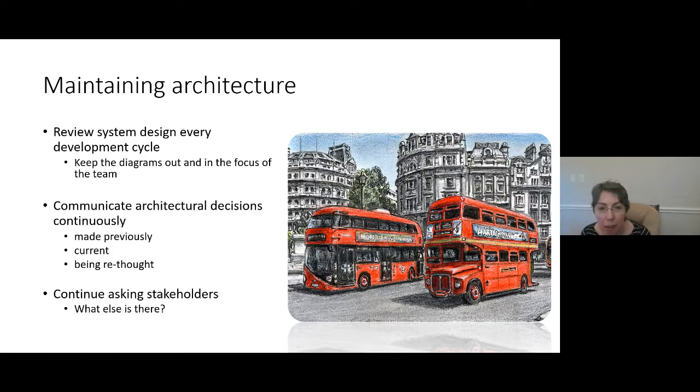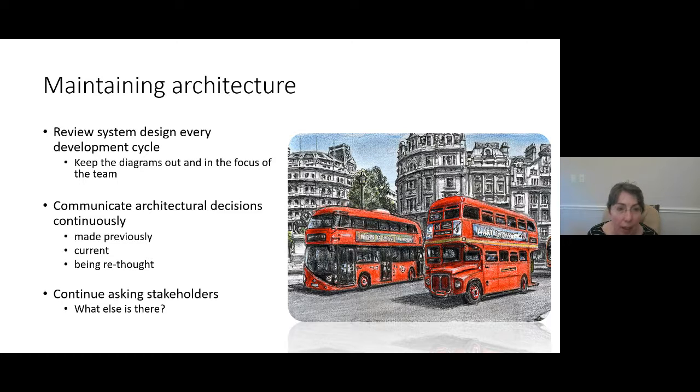You have to keep sharing the focus of the original architecture with the people who join the project. Architectural decisions have to be communicated continuously, even if they were old. We tend to forget. It's especially important to communicate how things are being rethought, why you're changing what you're changing, not just what the implications are, not just what the changes are, but what problems we are trying to solve with updates.